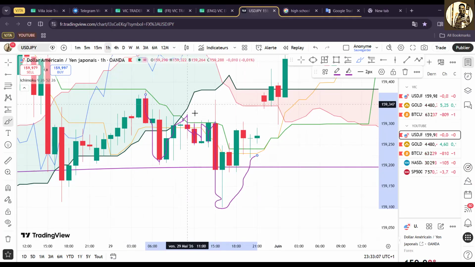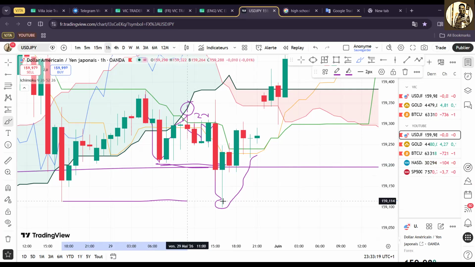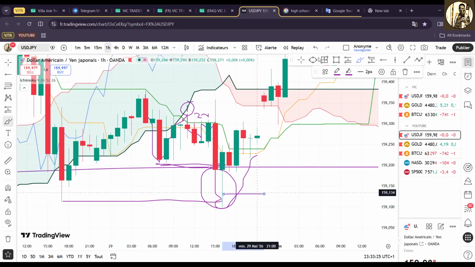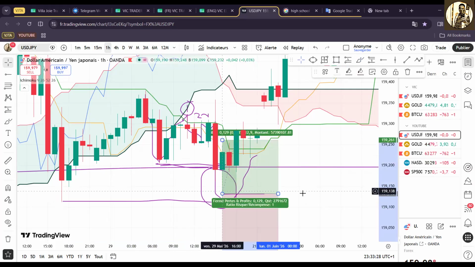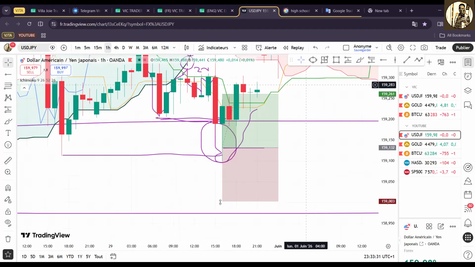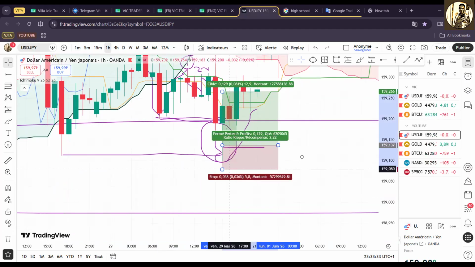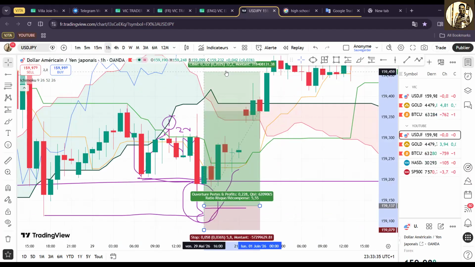It touched Tenkan and Kijun 1, 2, 3, even 4 times. And the best time for you to buy would have been when the price broke this low, and even broke this other low here, right? So this zone here is the best time for you to buy. That's what you need to be aware of.